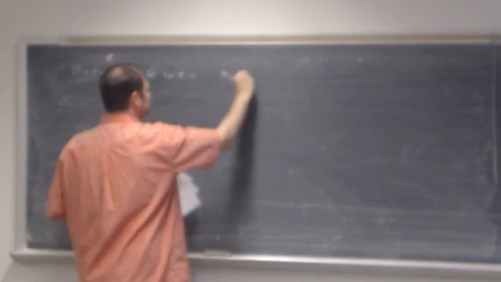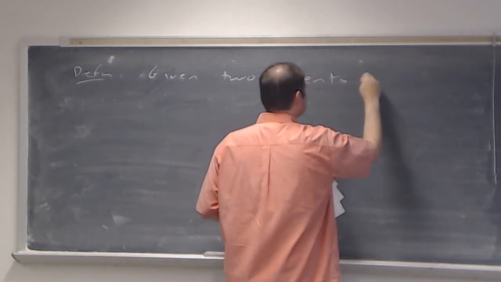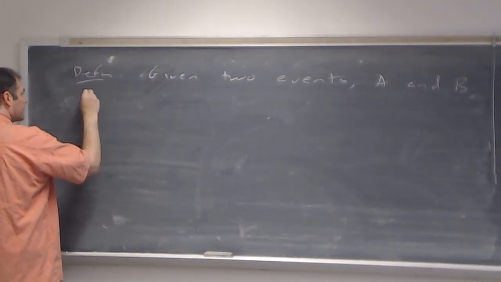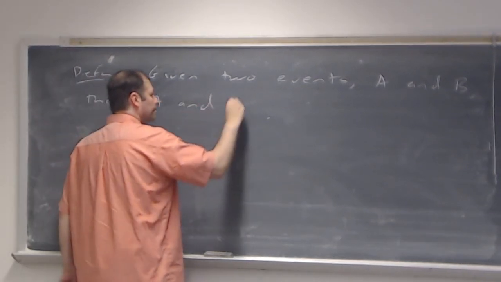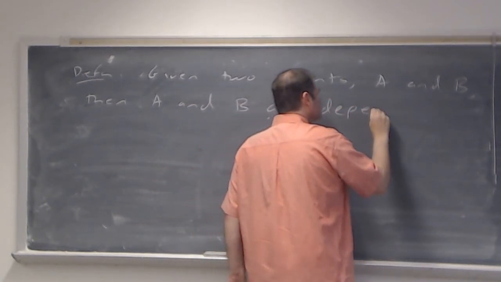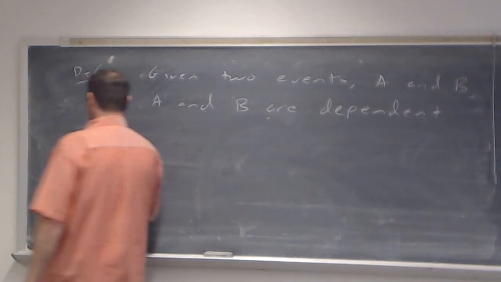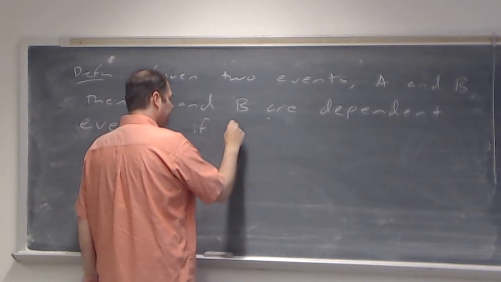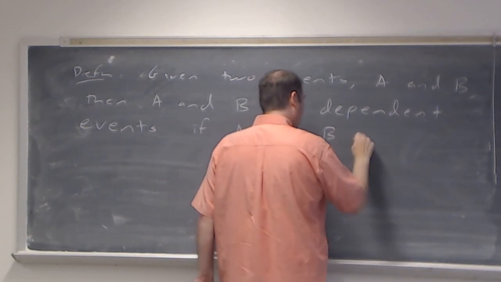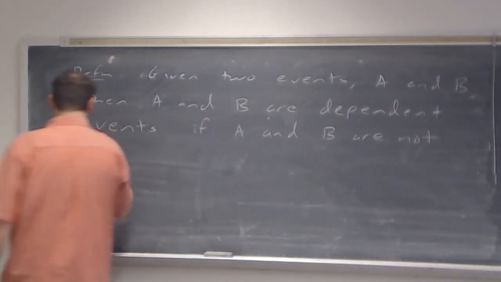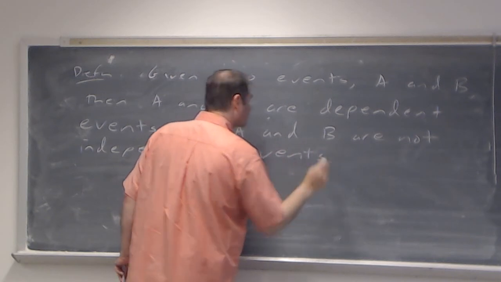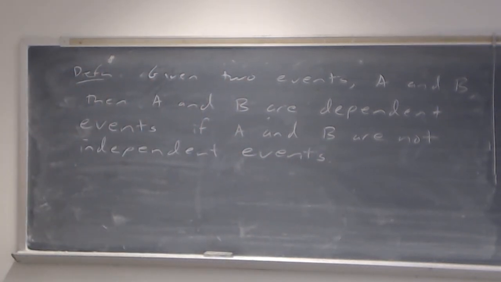Given two events A and B, then A and B are dependent events if A and B are not independent events. Let's look at two examples. We'll conclude with that.